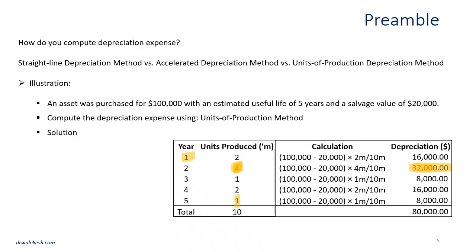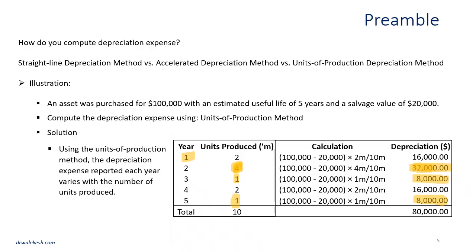When the units produced were on the low side, then the depreciation expense was low. Using the units of production method, the depreciation expense reported each year varies with the number of units produced.